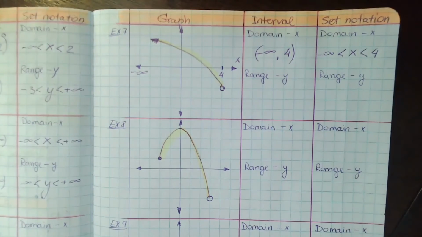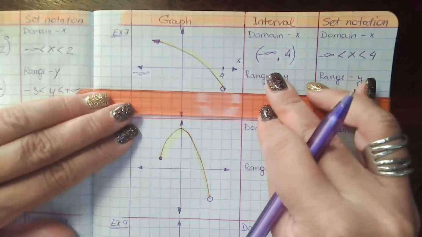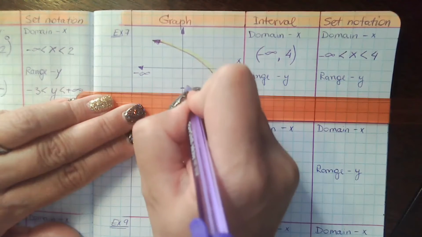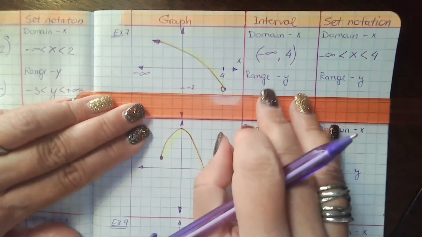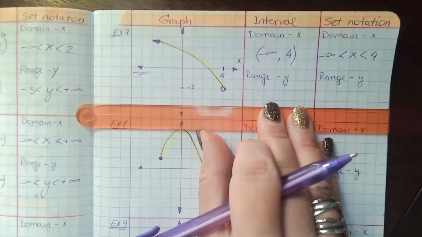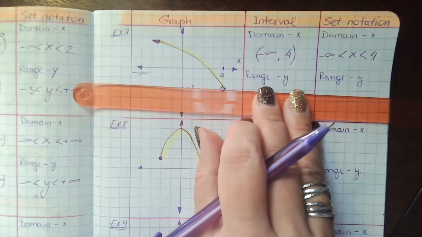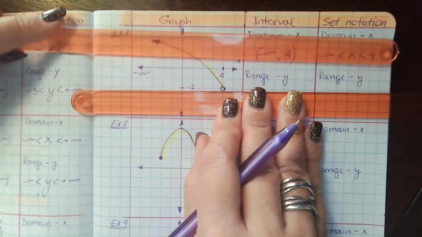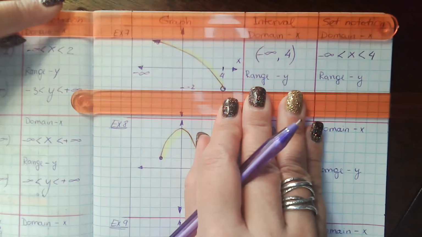For the range, we have to see what the lowest value for y is. The lowest value for y is -2. There is nothing below -2. And then we go up, and the arrow says don't stop, keep going.